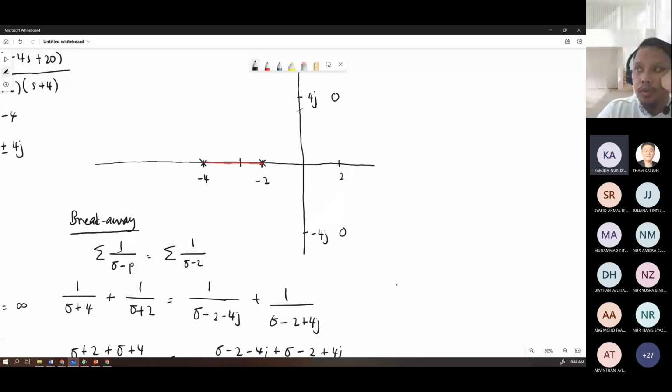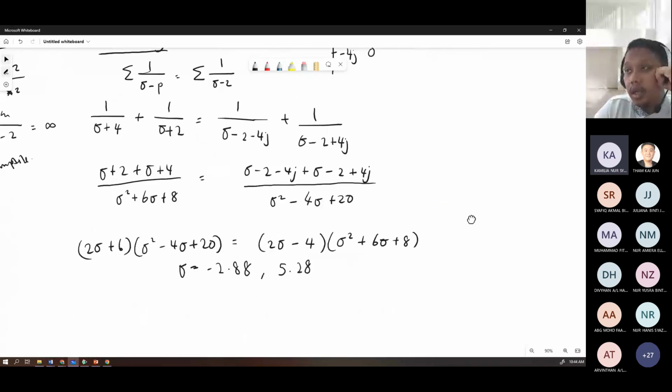Negative 2.88 and 5.28. Okay, so this point 5.28 is not the breakaway point because we know that there is no root locus after number 2 here. So this is just a dummy. So this is the actual breakaway point, negative 2.88.